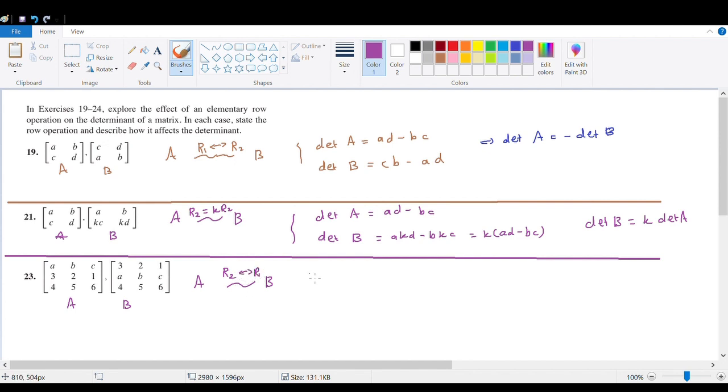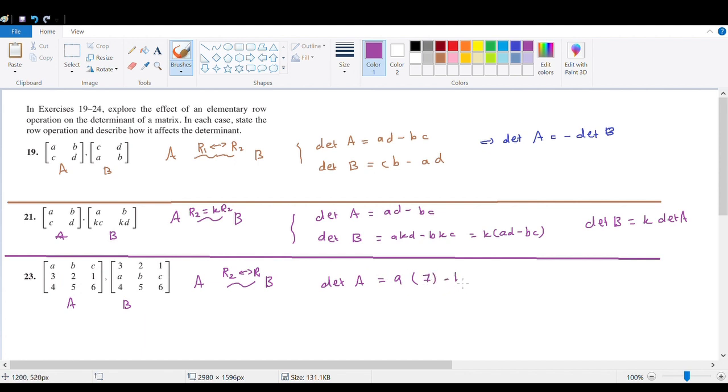So the determinant of A is equal, if we do this by cofactor through the first row, to A multiplied by, cross this one, 2 multiplied by 6, 12 minus 5. So this will give us 7.